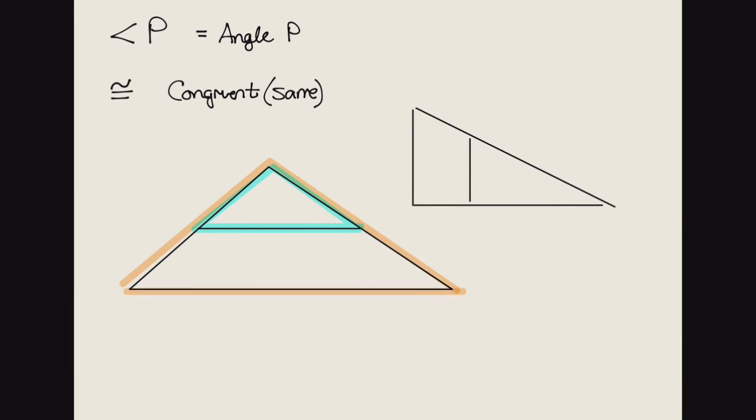The same thing is true that you might have a smaller triangle here that is similar to the bigger triangle right here. So they want you to be able to use figures within figures.